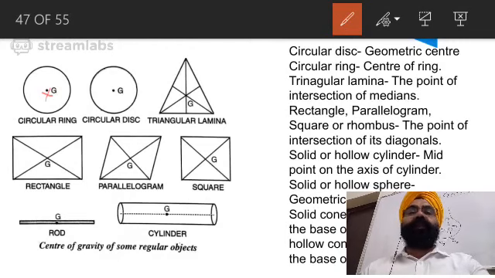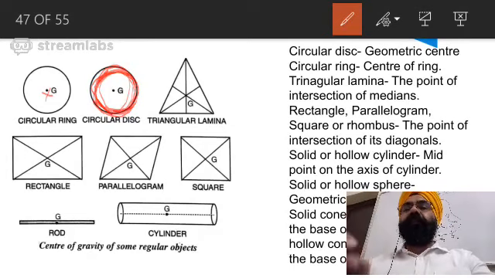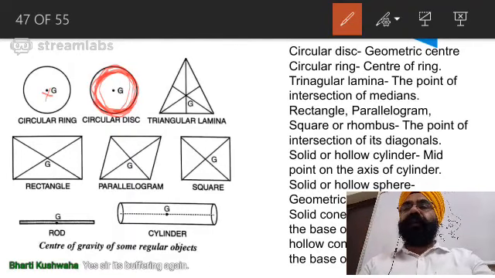So the center of gravity of the disc is at its geometric center. If it's a circular ring, we have already discussed that the ring's center of gravity is not in the material, but it is at the middle of the ring, at the center of the ring.